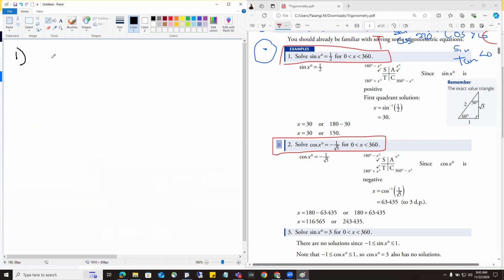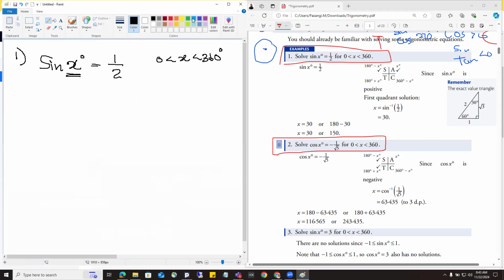Okay, so what happened with the first one? If I explain the steps again, this is the equation we have: sin x equals half, for x between 0 and 360. Solve means we need to find the values for x.